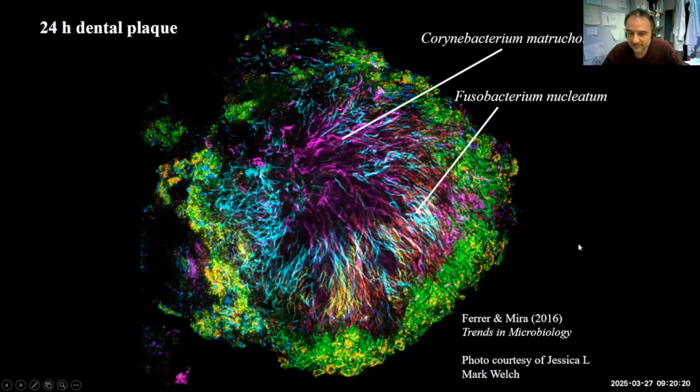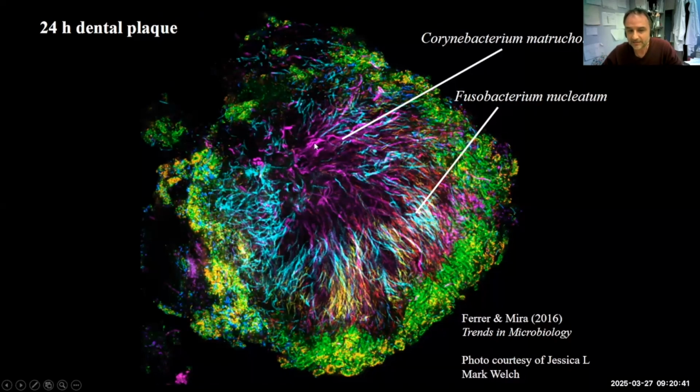The first thing that really strikes us is that the whole biofilm architecture is dominated by this bacterium, Corynebacterium matruchotii, about which we know very little, that forms these very long filaments from the base to the outside in a radial way, like a hedgehog structure, as the authors called it.